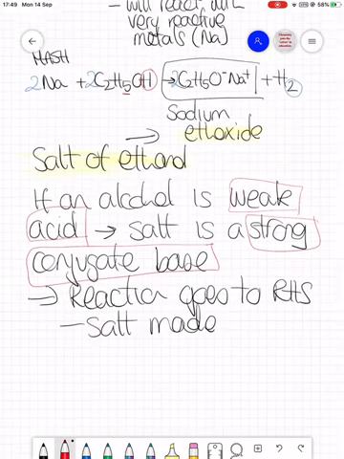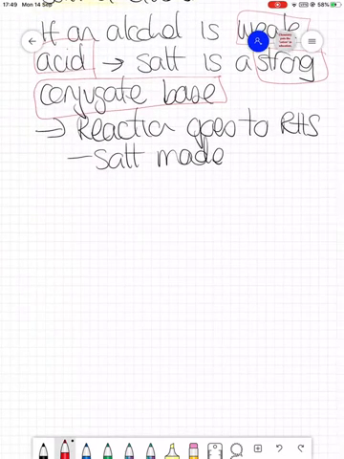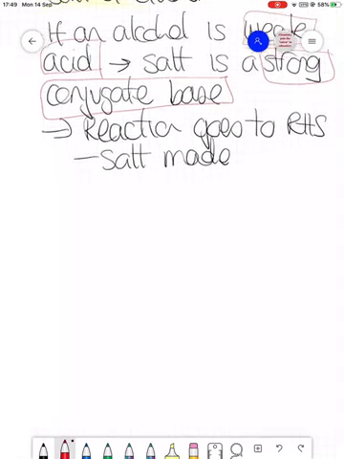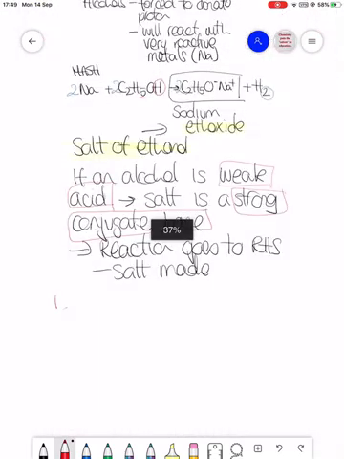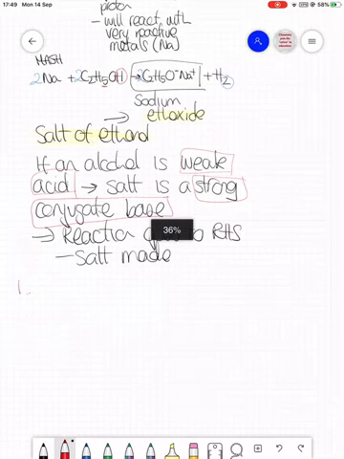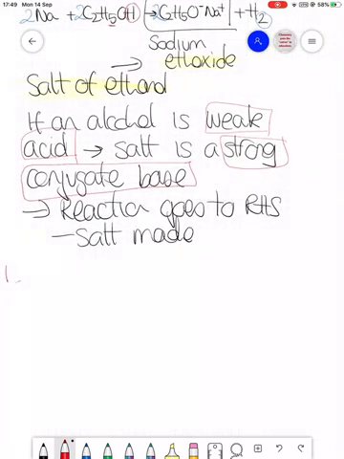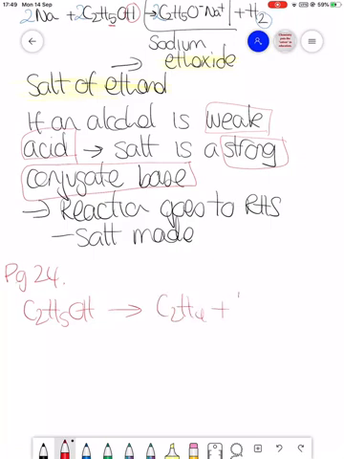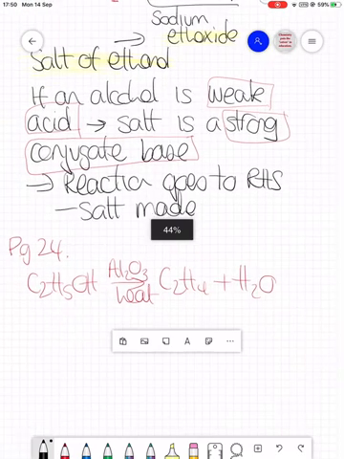So going on to page 24, there is an equation which is essentially C2H5OH goes to C2H4 plus H2O, with Al2O3 and heat under the arrow, and it's asking you some questions.